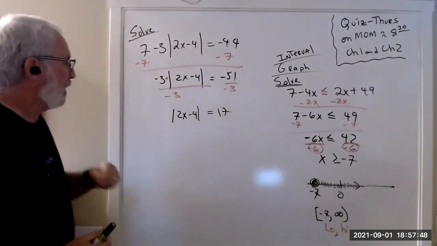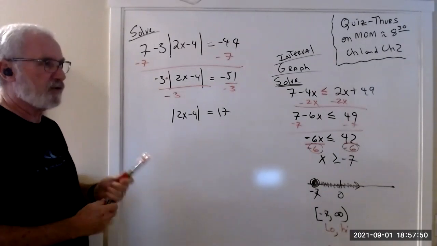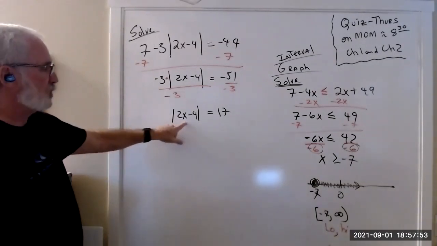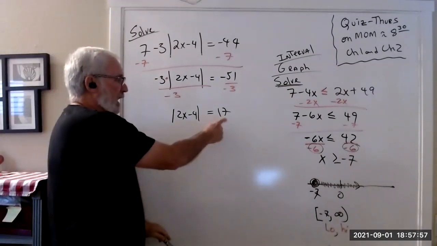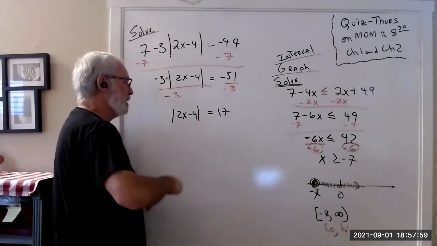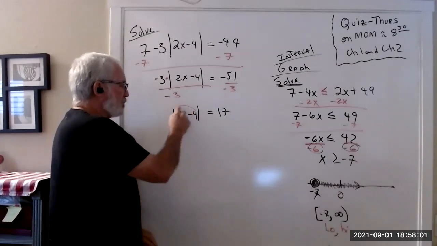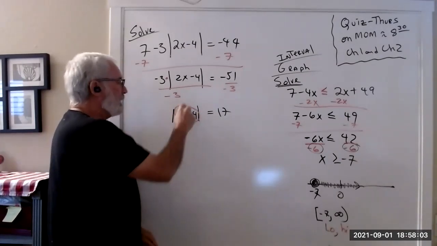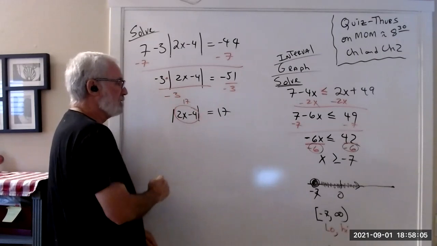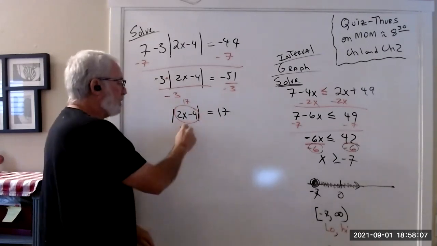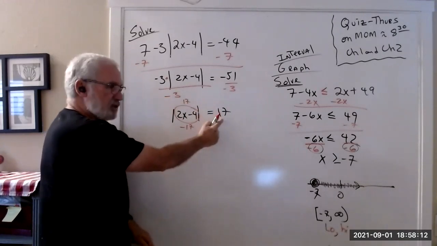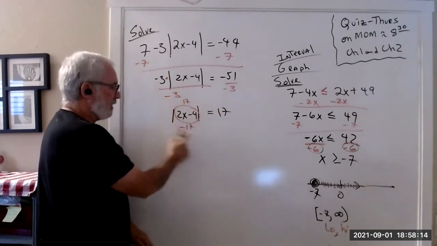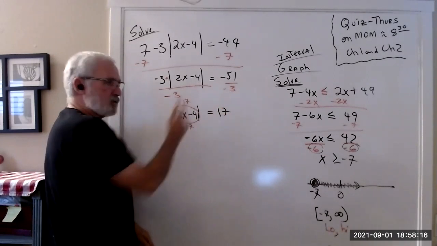Okay, now the new thing we talked about yesterday was absolute values. Now that we've isolated the absolute value quantity by itself, if the answer is 17, that tells us that this quantity inside could have been 17, or it could have been negative 17, because the absolute value of 17 is 17, and the absolute value of negative 17 is also 17.